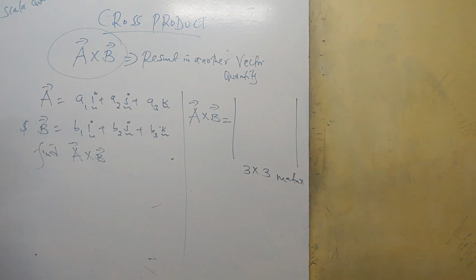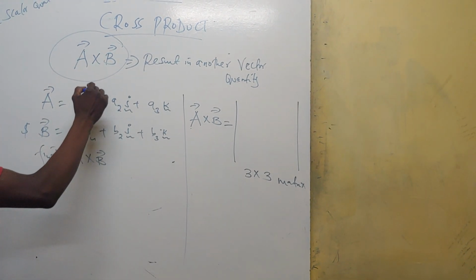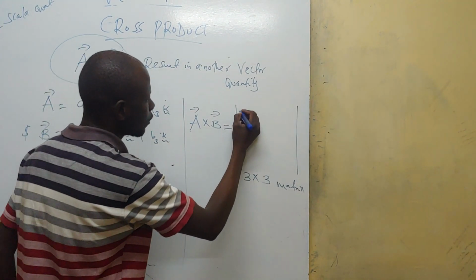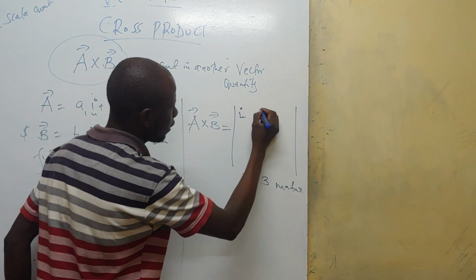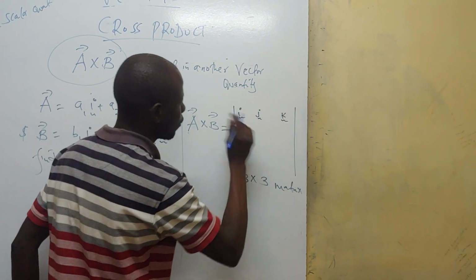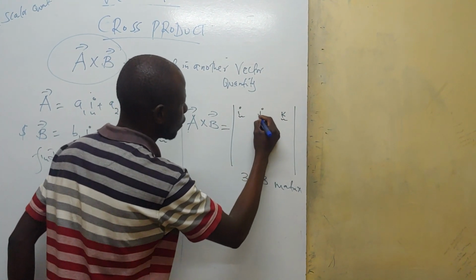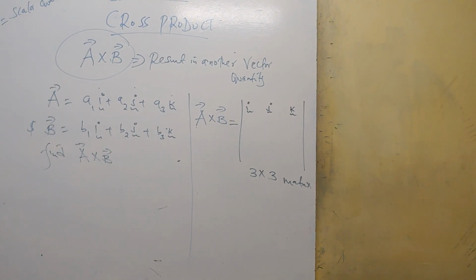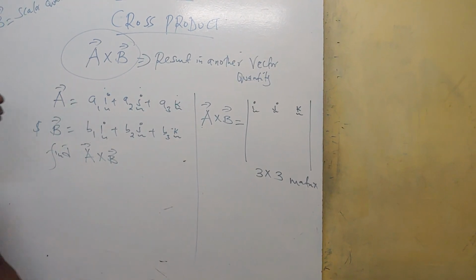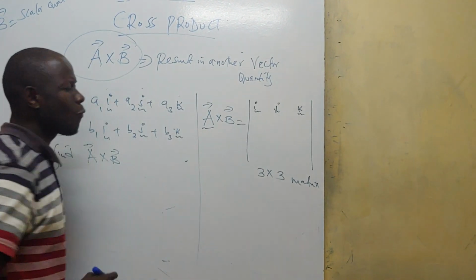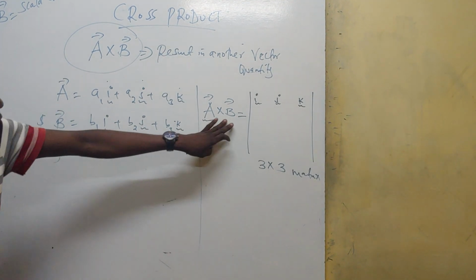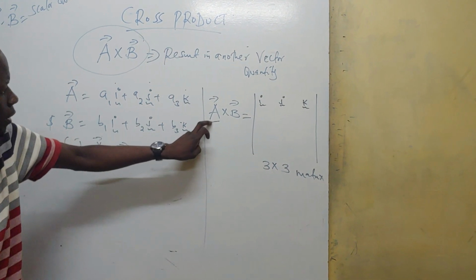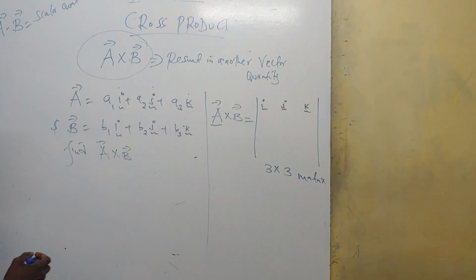The first row is formed by the elements i, j, and k. Then the second row is formed by the elements of the first vector in this cross product, A cross B. So the elements of vector A will form the second row of the 3 by 3 matrix.